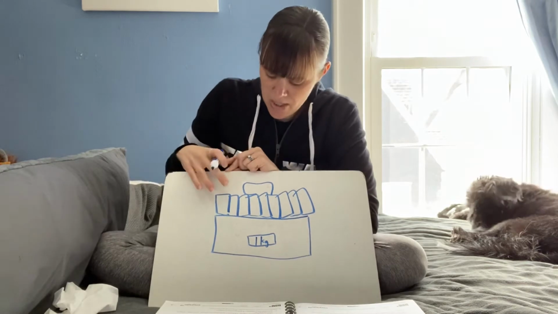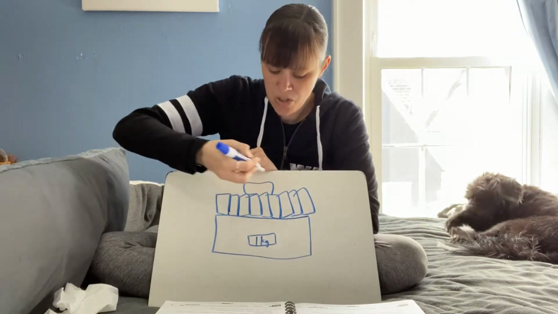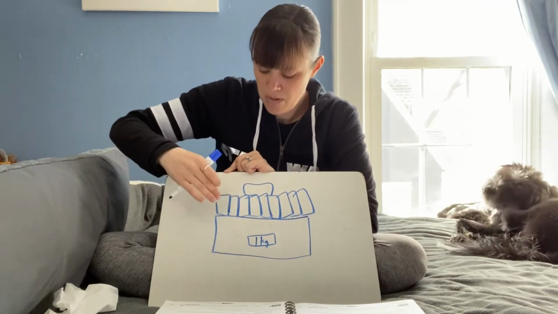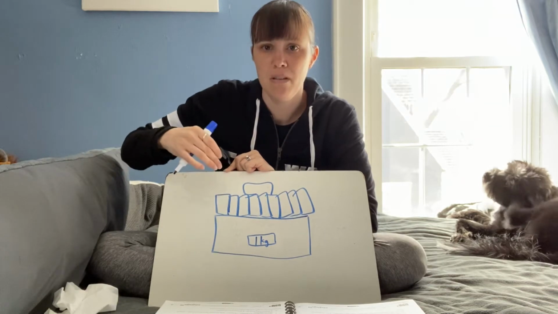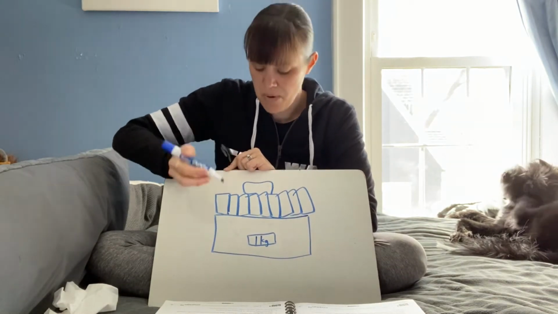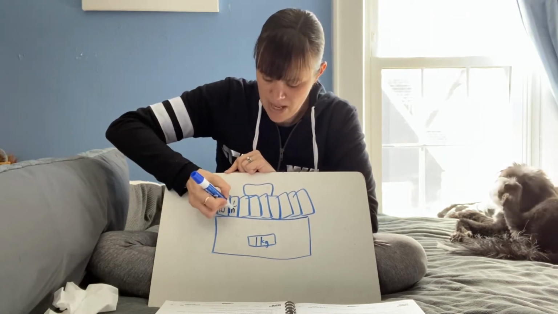So the question is, how much is each worth? Well, if this whole thing is 1 kilogram, then what would 1 be? We divide it into how many parts? 10 parts, and they're each worth 1/10.